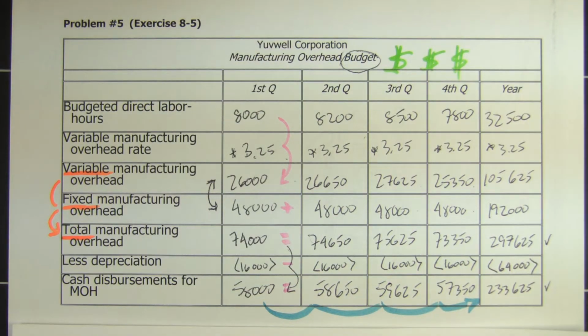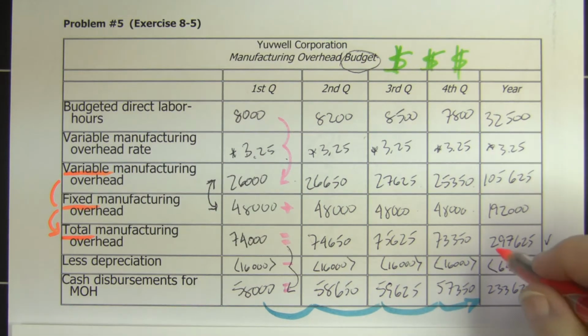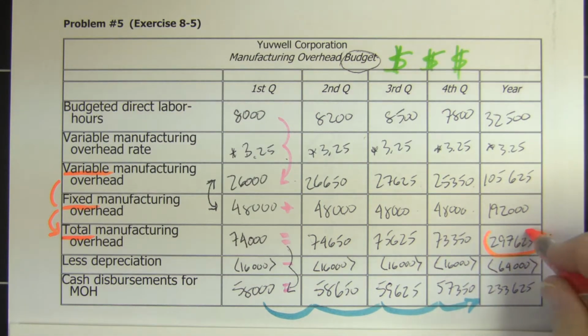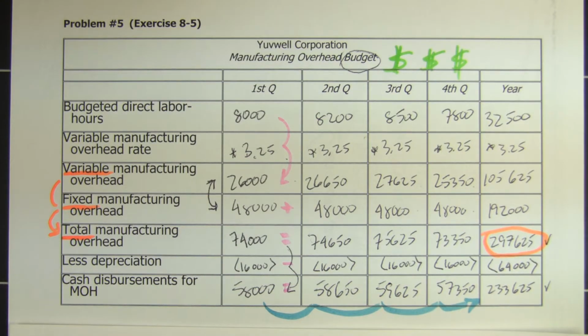You have to go with this because it says total budgeted manufacturing overhead. It doesn't say total budgeted cash overhead. So we go with the full number.